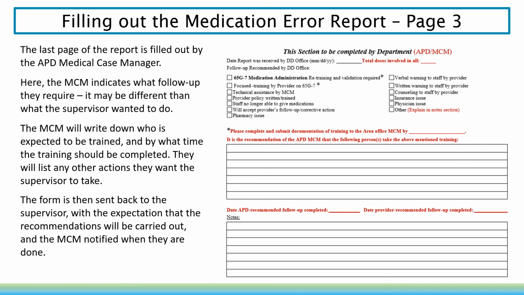The medical case manager will write down who is expected to be trained and by what time the training should be completed. They will list any other actions they want the supervisor to take. The form is sent back to the supervisor with an expectation that the recommendations will be carried out and the medical case manager notified when they're done.